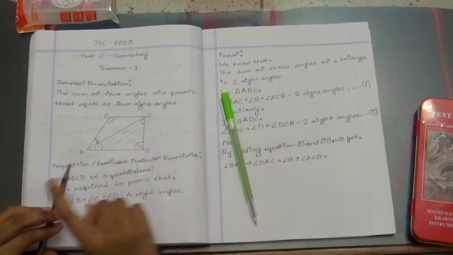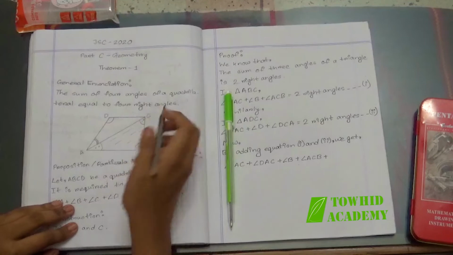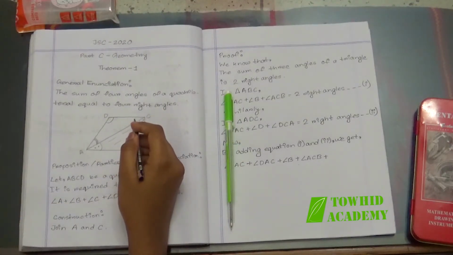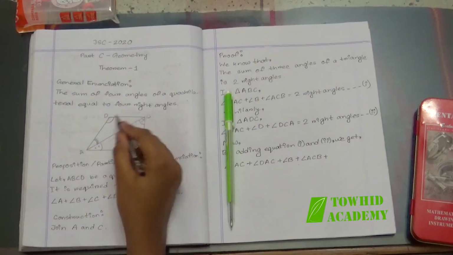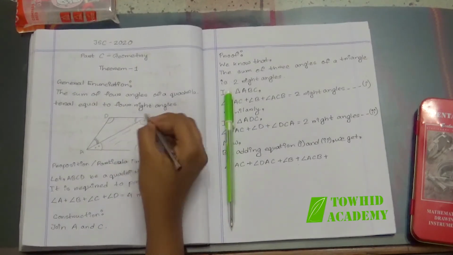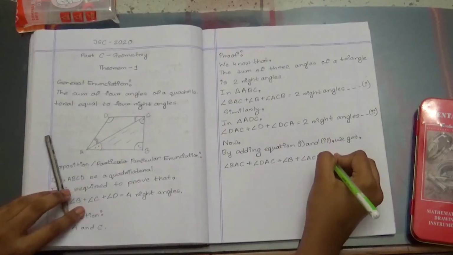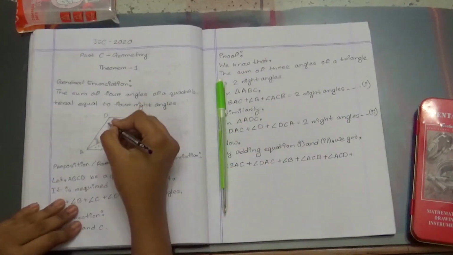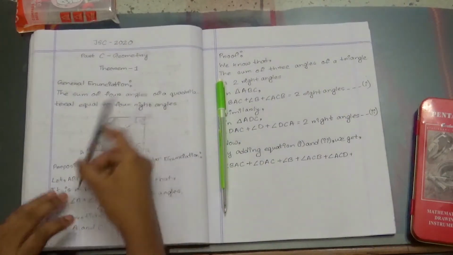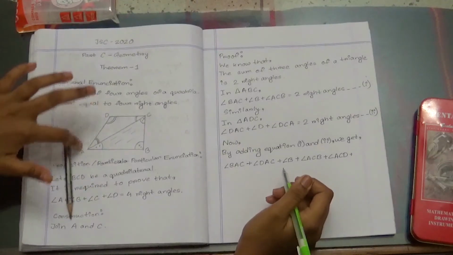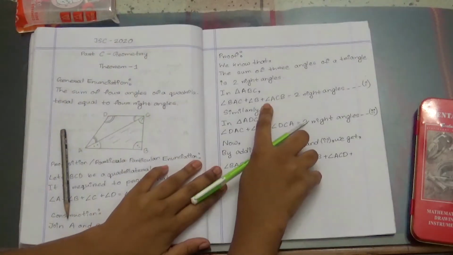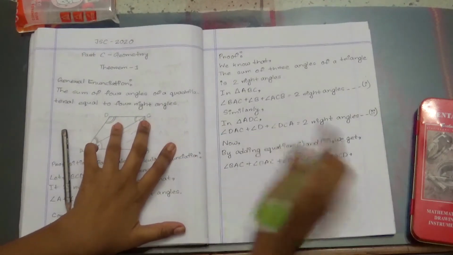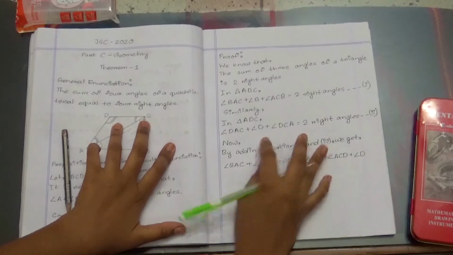Now the second last, which is angle ACD, so this one, we're going to put 2 arcs in it, plus angle ACD. Now the last, the whole angle ADC, or angle D, because it's a whole angle.